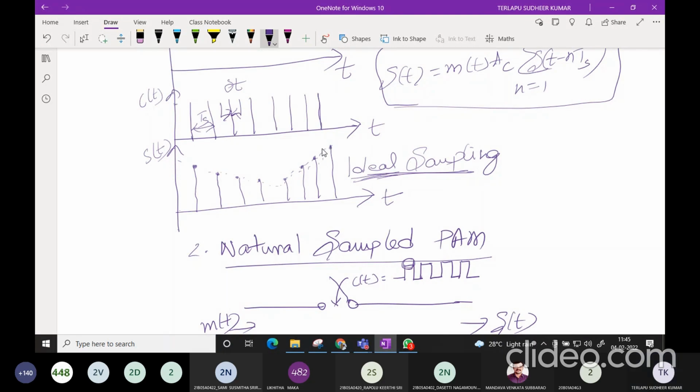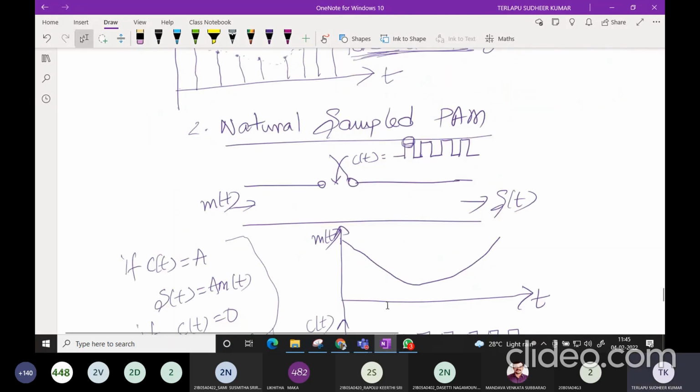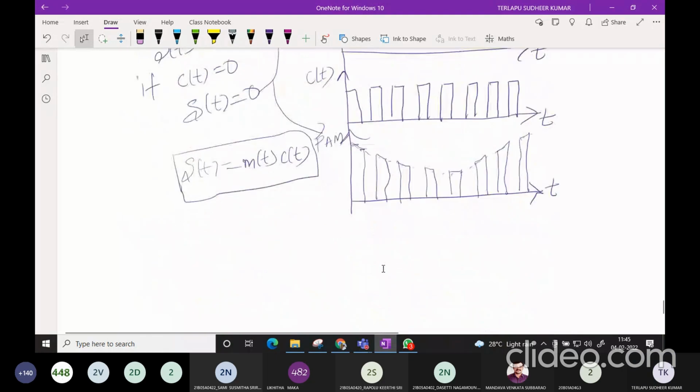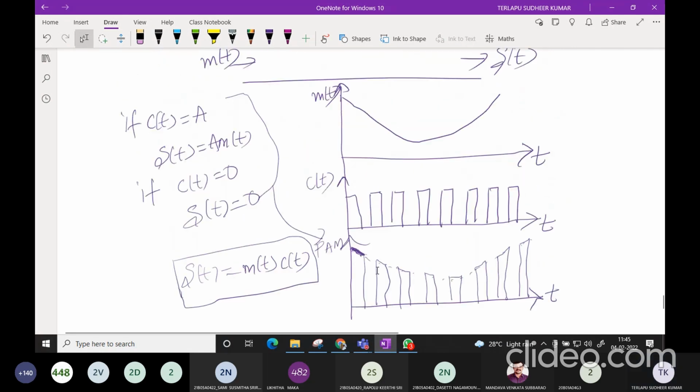But here, if you observe carefully, during the pulse interval, the amplitude of the pulse amplitude modulated signal follows M of t.